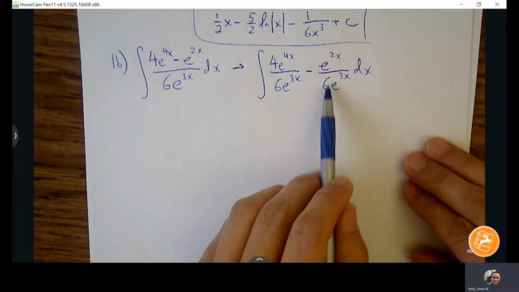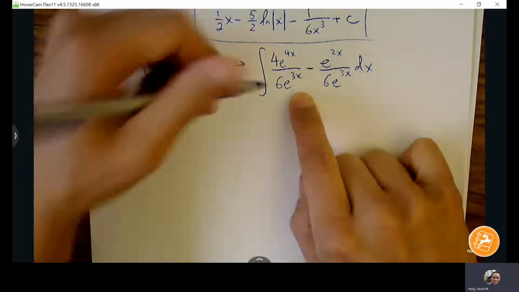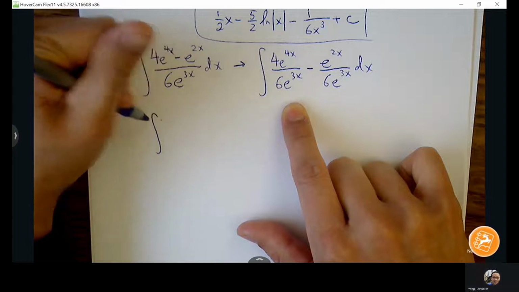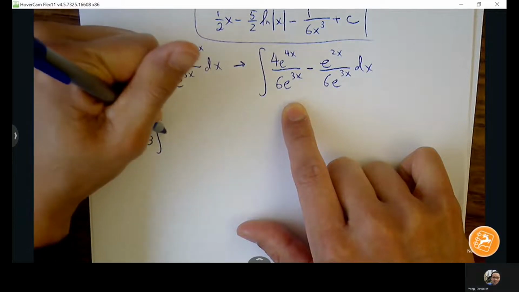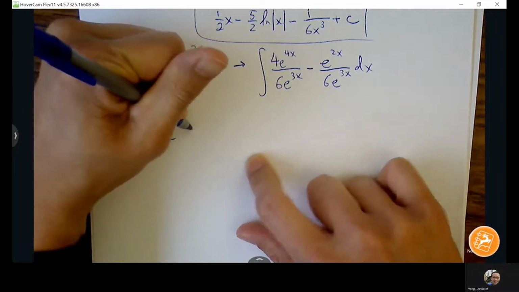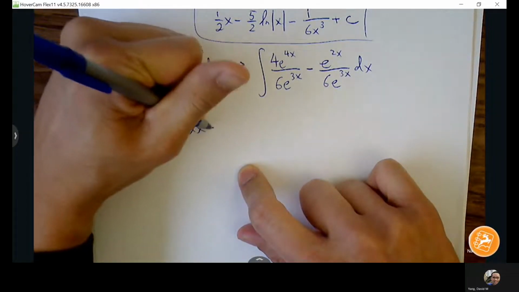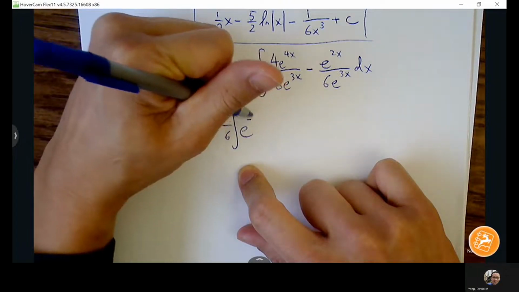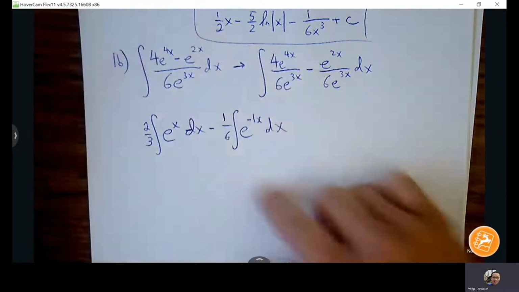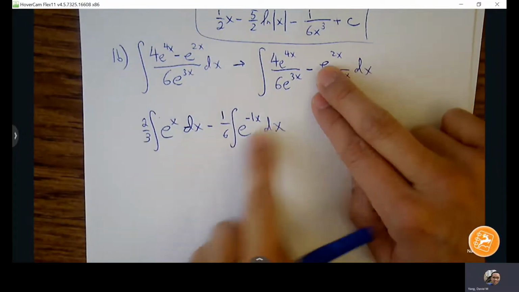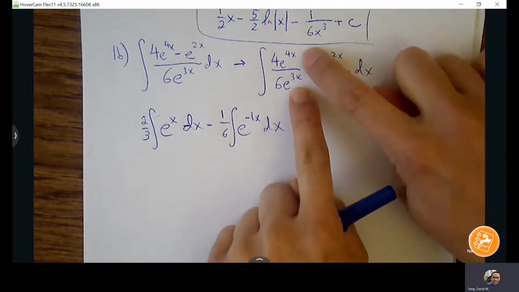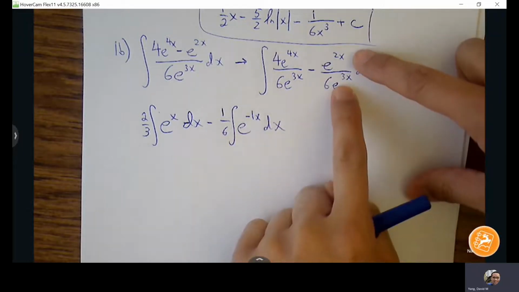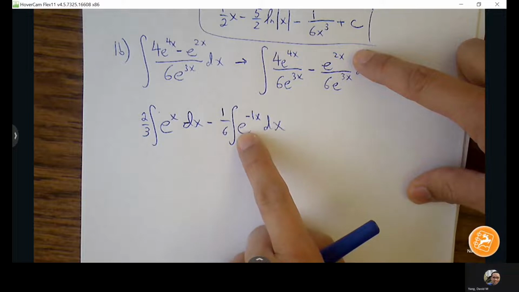Okay, let's clean up each individual term. So if I have common bases, I can subtract exponents. 4x minus 3x is 1x. 2x minus 3x is negative 1x.